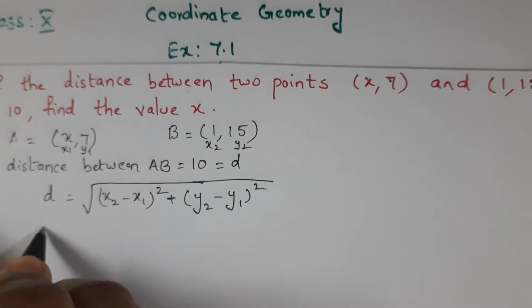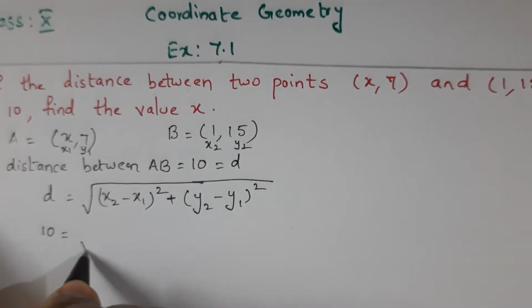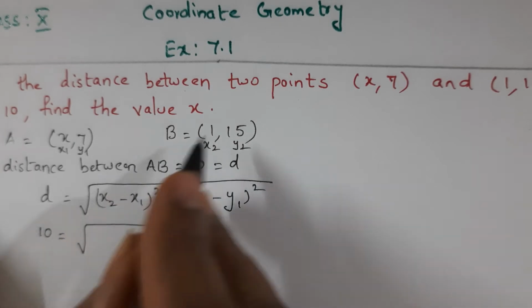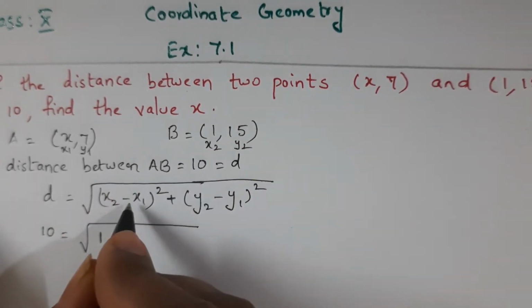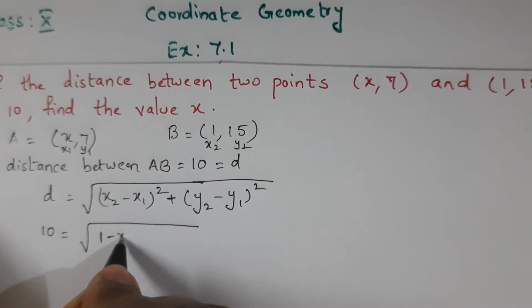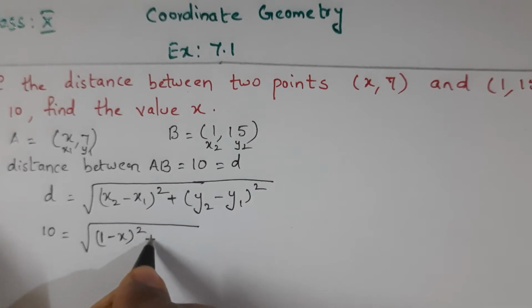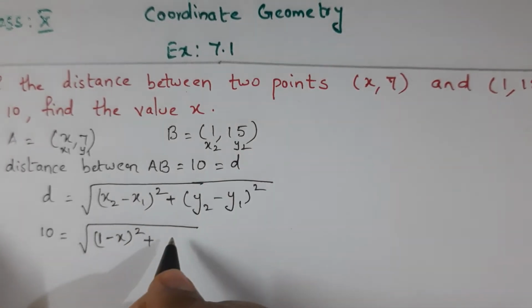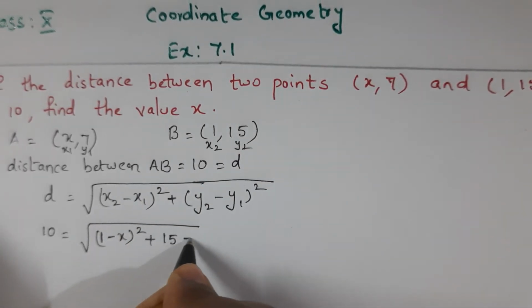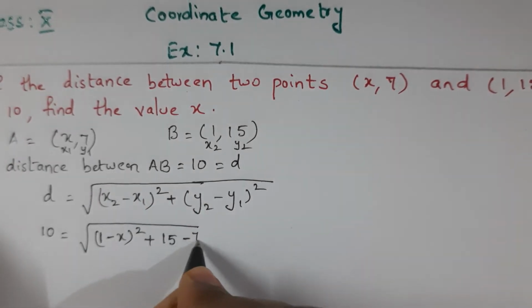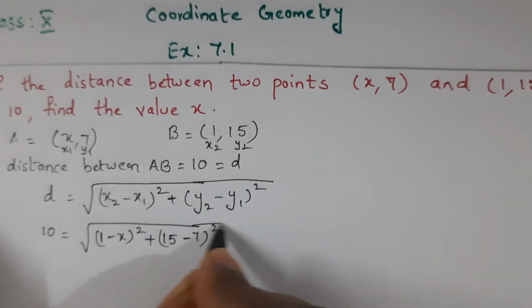Now so d is equal to 10, that is equal to square root of x2 means 1 minus x whole square plus y2 means 15 minus y1 is 7 whole square.